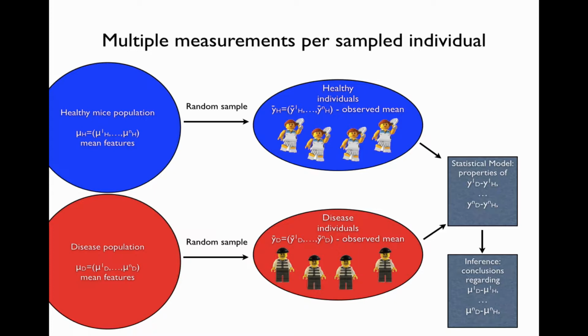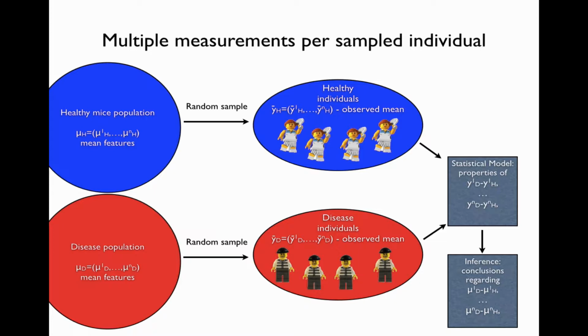We can pick out samples, and we can make a statistical model that describes the differences between each individual measurement. And in the end, we want to draw conclusions regarding the differences in population mean for each individual trait that we're interested in.